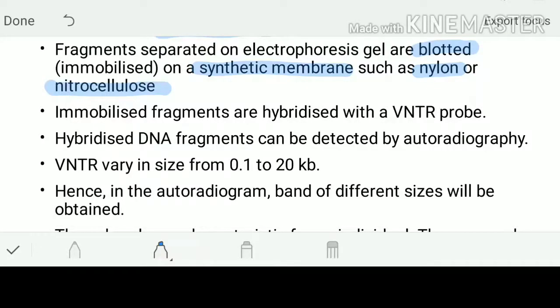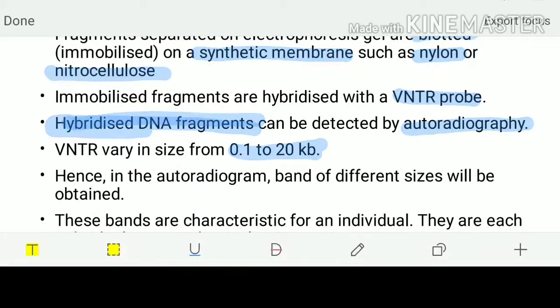Now these fragments are hybridized with the VNTR probe; these are complementary probes which will hybridize. This hybridized DNA fragment can be detected by autoradiography. VNTRs vary in size from 0.1 to 20 kb.